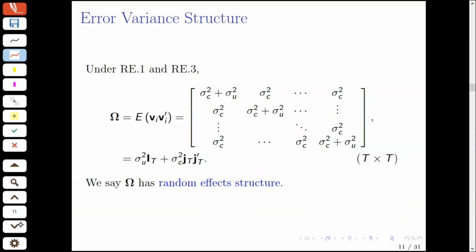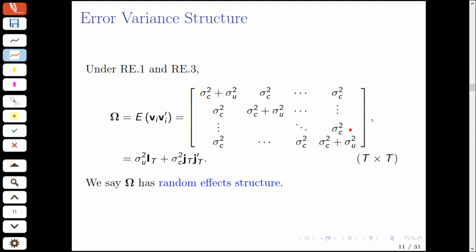So let's take a closer look at omega under the first and third random effects assumptions. We can expand on omega to see that on the diagonal, it's given by the sum of the variances of each of the variance components. That is, the sum of the variance of the individual effect and the variance of the idiosyncratic errors.